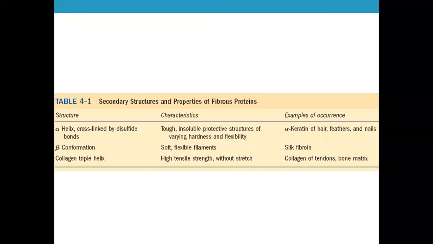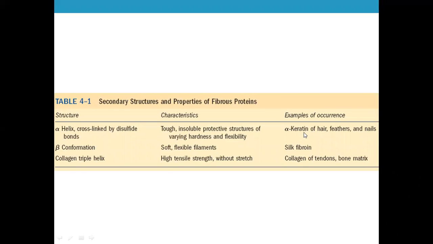Let's have an example of a kind of protein that is fibrous. For example, we'll be talking of keratin that we can find in hair, feathers, and nails. The main features of keratin are that it's very tough, insoluble, protective structures with varying hardness and flexibility.